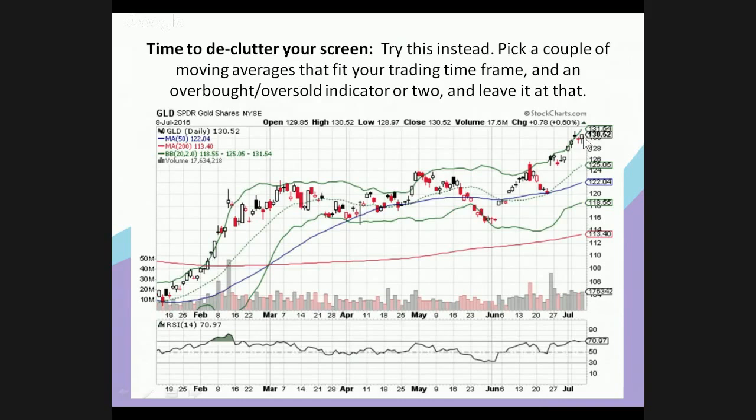And as you can see, this example of GLD, the gold ETF, yeah, it's near the overbought level on the Bollinger Bands, and it's in the overbought level on the RSI 14-day period. So there's not a lot of conflict going on here.